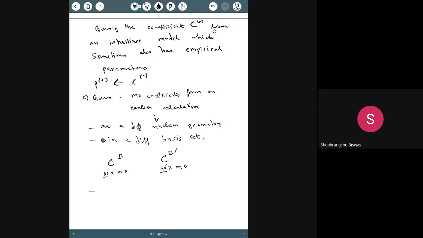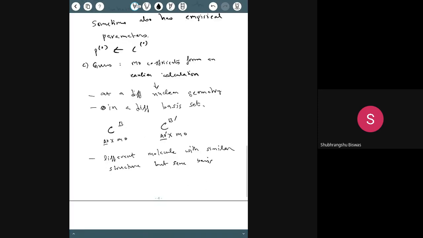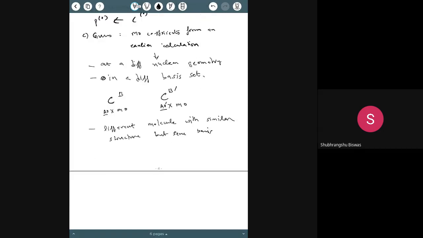You can also guess the MO coefficients from a different molecule with similar structure but same basis. So this can also be done. So the guess can basically be anything that is reasonable. And it can well be that your calculation converges with one guess, but it doesn't converge with another.